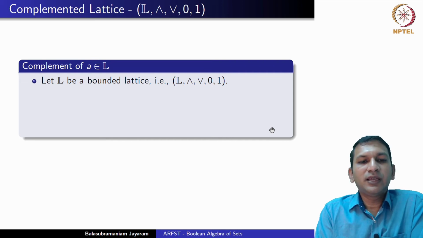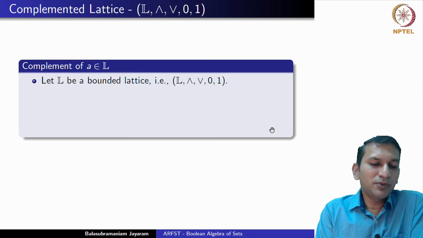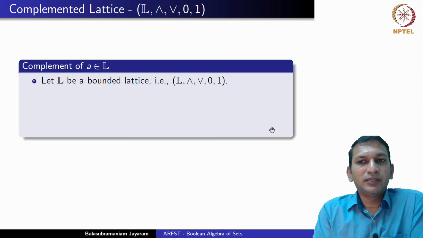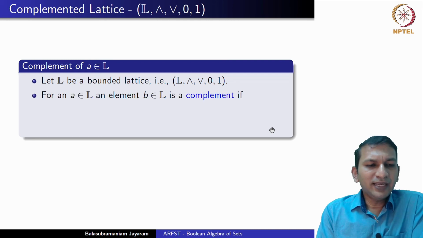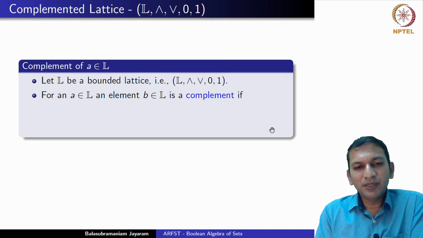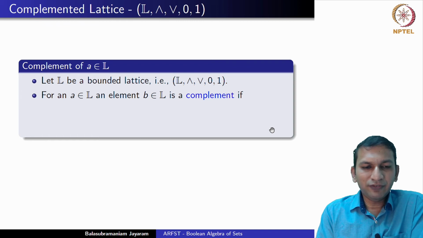So to begin with, L should be a bounded lattice. That means, order theoretically, it should have both the minimum and maximum elements. From algebraic point of view, there should be an identity for the join operation, also an identity for the meet operation.